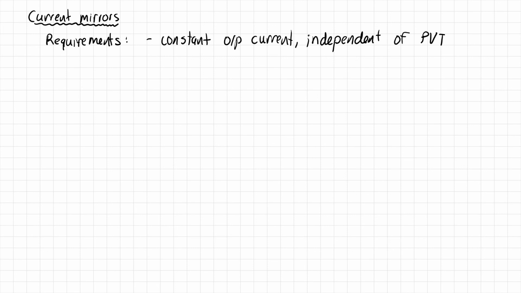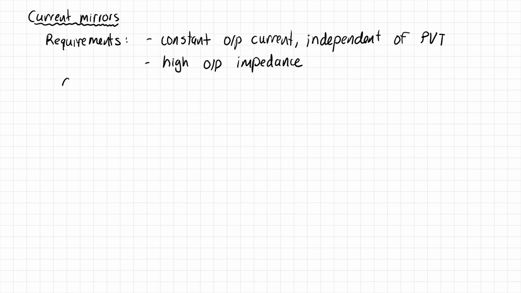This is an acronym that we tend to use a lot when we write papers and in industry. And it should also ideally have a high output impedance. We want to make sure that it's providing a very large effective output resistance, so that we don't unduly affect the operation of our other corresponding circuits.